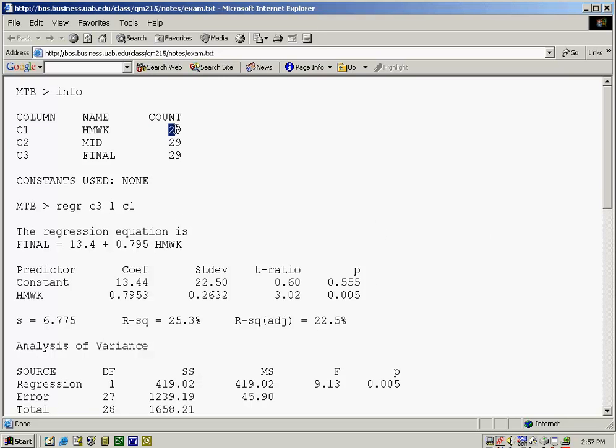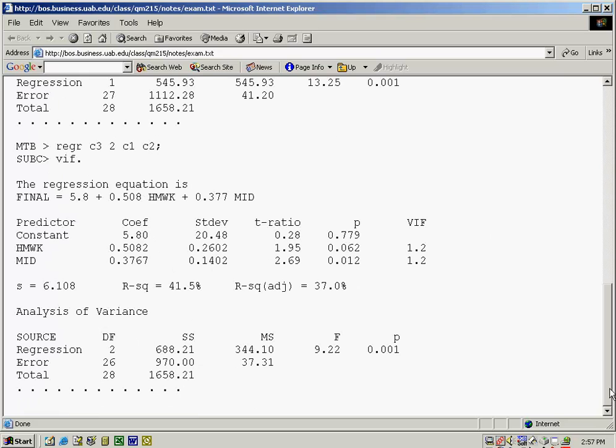There are 29 observations. At the end of this file it tells us about the estimated regression. Alright, from this we can find the values for beta hat 0, 5.8, beta hat 1, 0.508, and beta hat 2, 0.377.